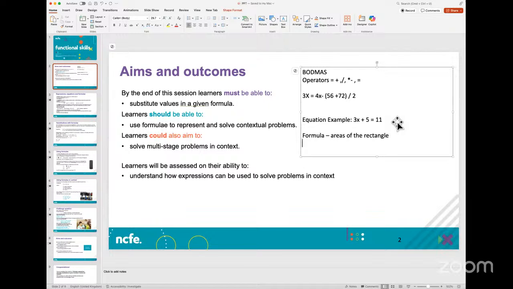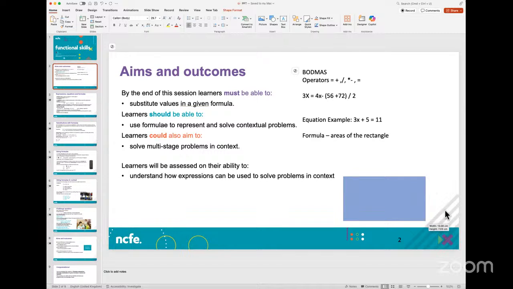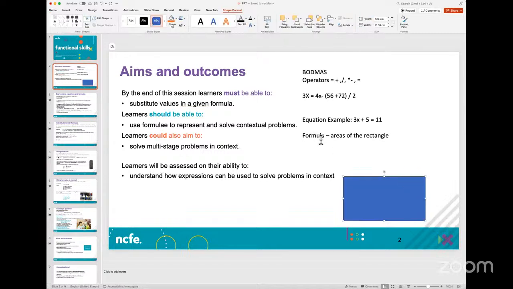If I draw a small rectangle here and want to find its area, I need to know the formula for the area of a rectangle. The formula is length into breadth, or width essentially. So I write length into breadth.